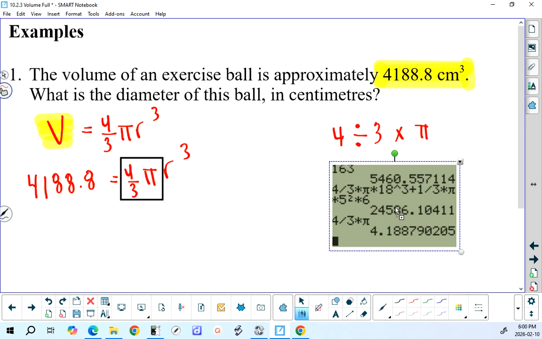And now this equation is 4188.8 equals 4.18879 times r cubed.